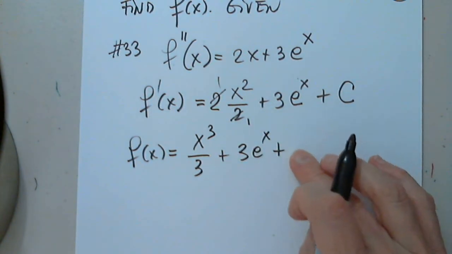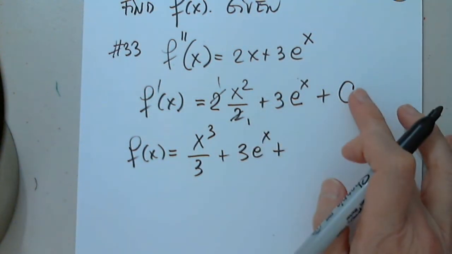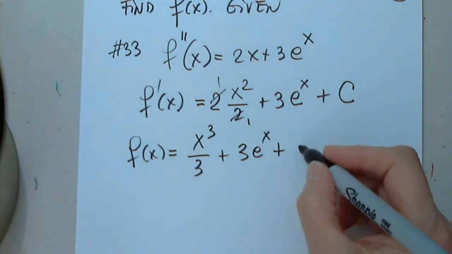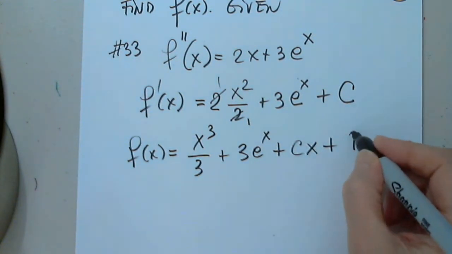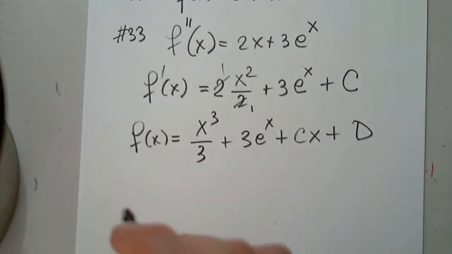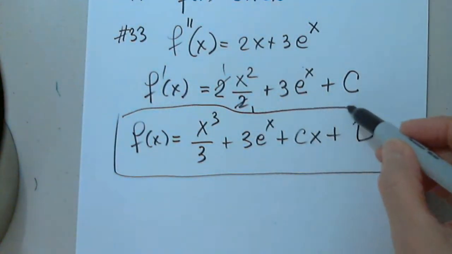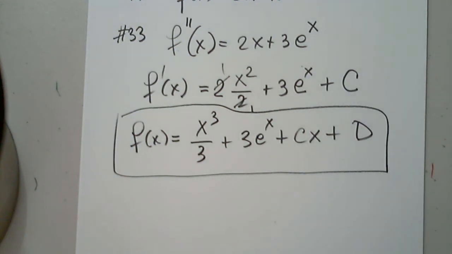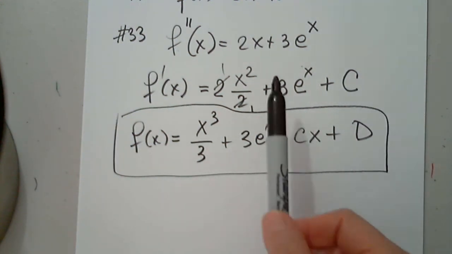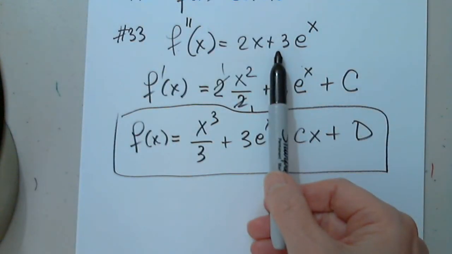Plus, which function prime is c? Cx. Very good. Plus a constant d. And this is it. This is the family of functions with this second derivative.